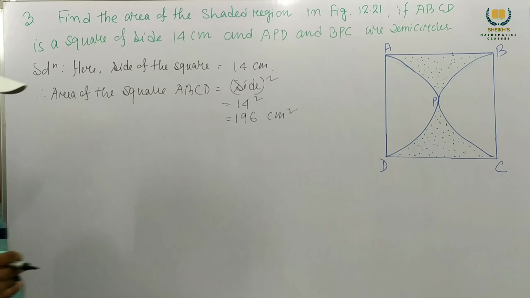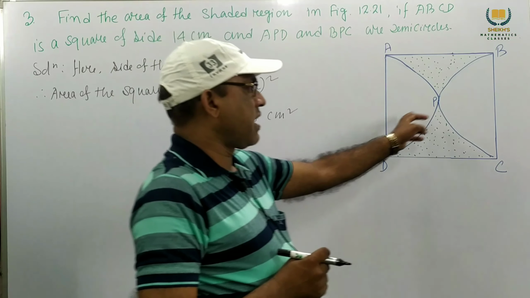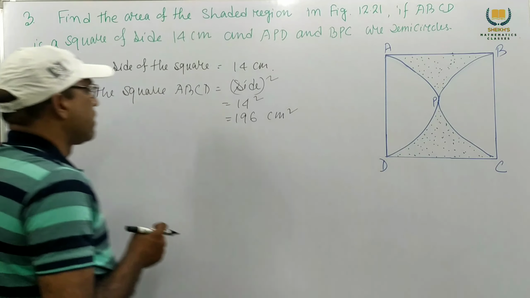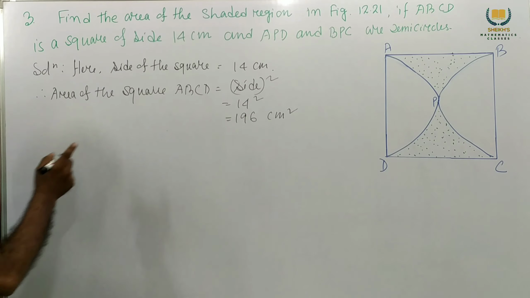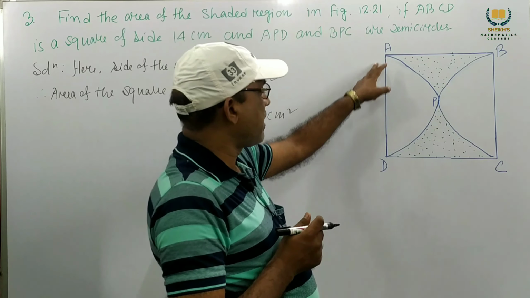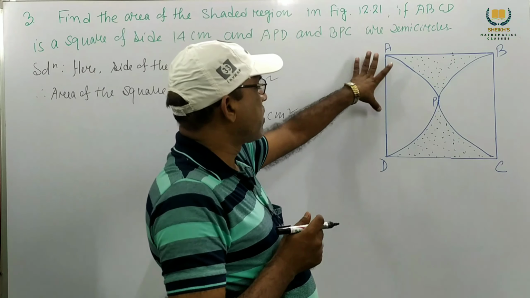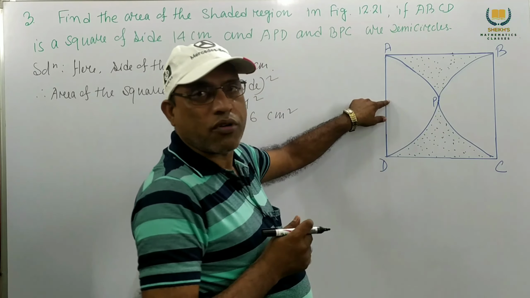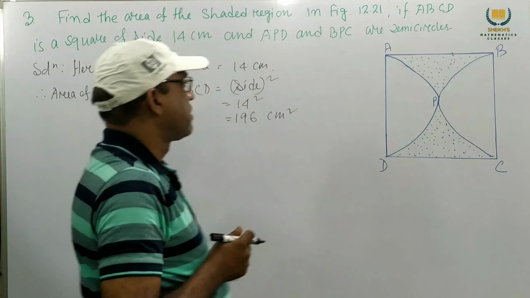Now we have to find the area of the semicircle, this and this. First, this is the length of the side 14, so the radius will be half of this, that means 7.